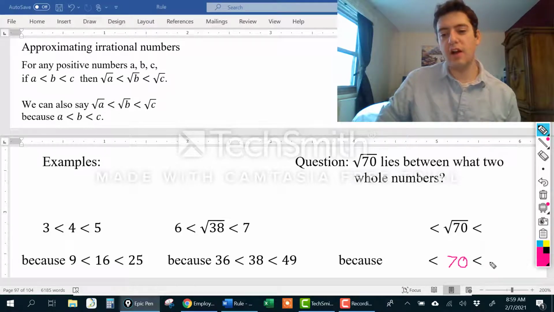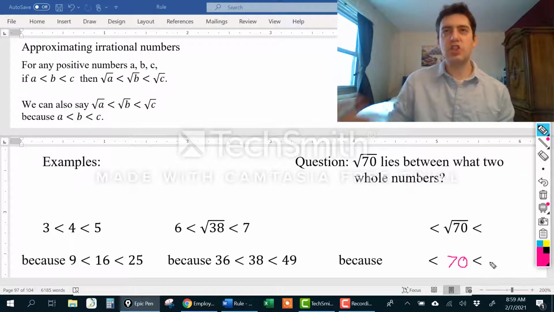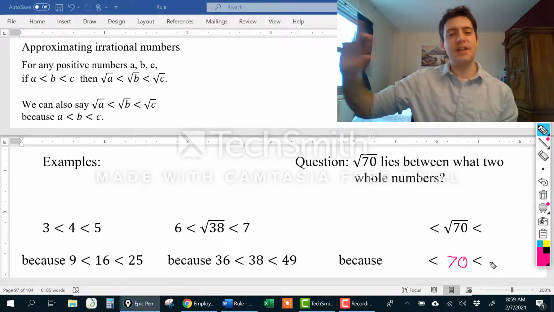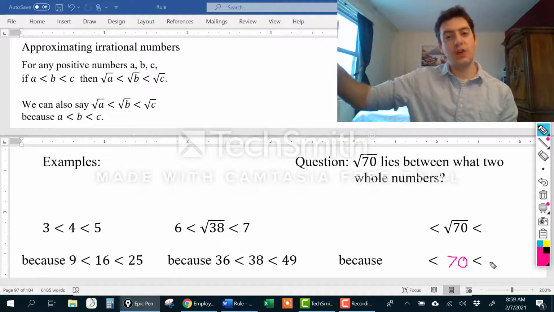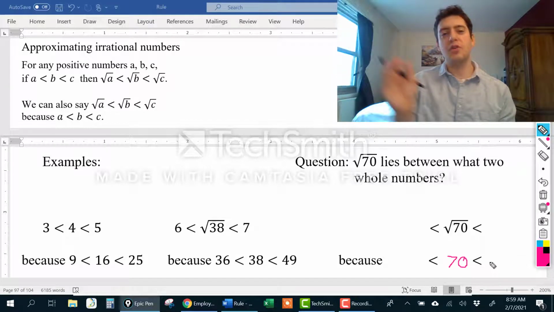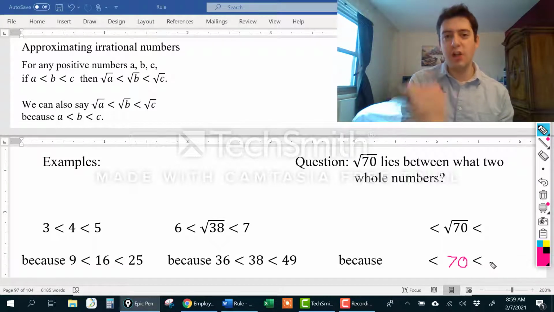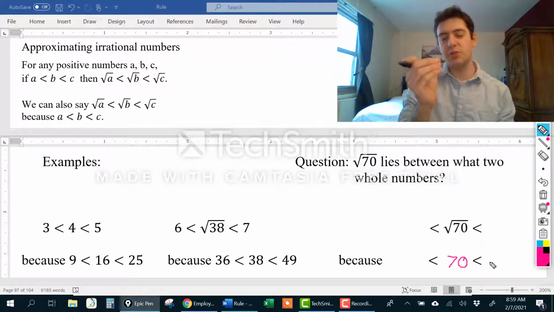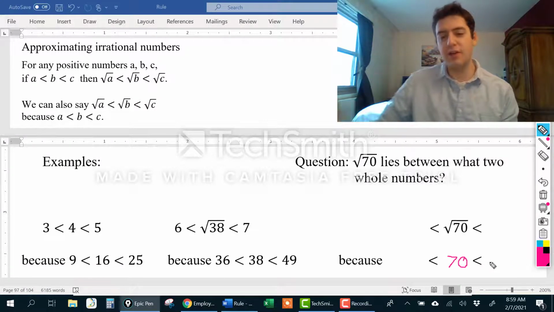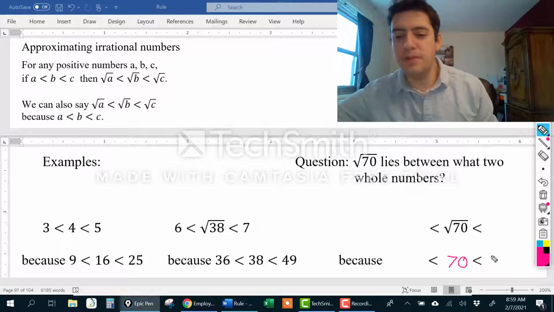So over here, I'm going to find the smallest perfect square, which is greater than 70. So there are an infinite number of perfect squares which are greater than 70. But what I'm going to do is find the one that's closest to 70. So the smallest one that's still greater than 70, and that would be 81.